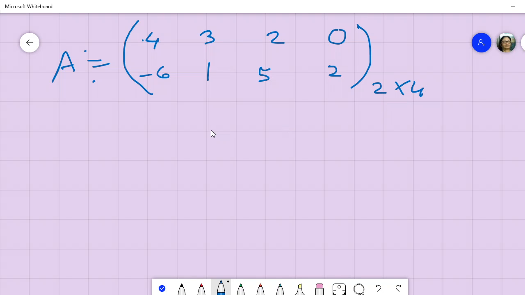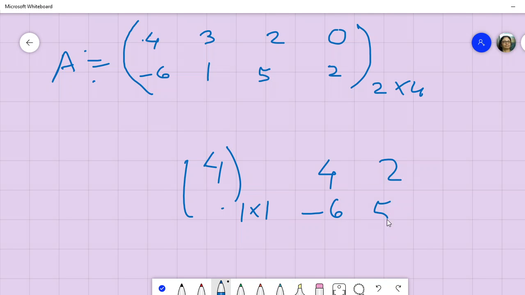Then rank is defined using submatrices. So 4 is a submatrix of order 1. Then 0 is a submatrix of order 1. Then 4, 2, minus 6, 5 is also a submatrix.